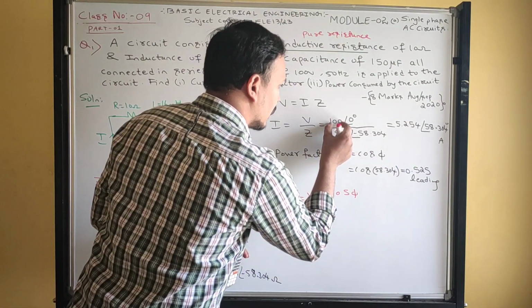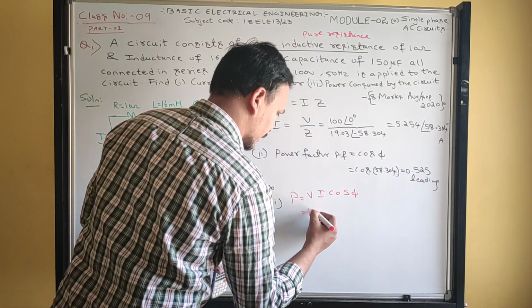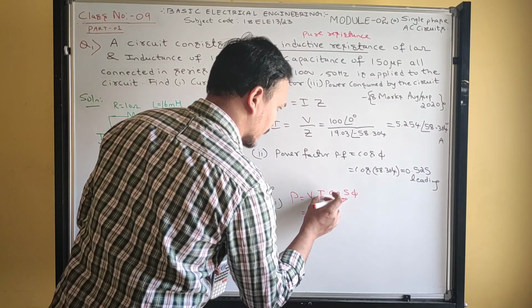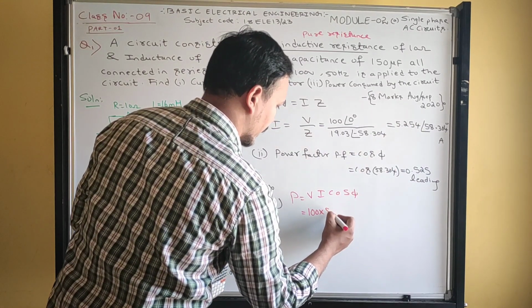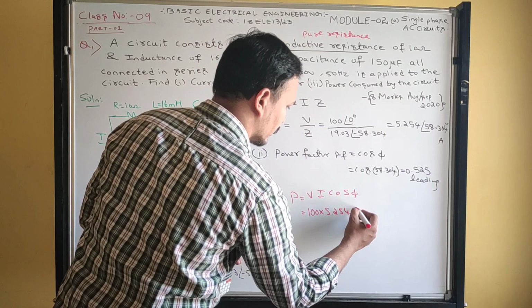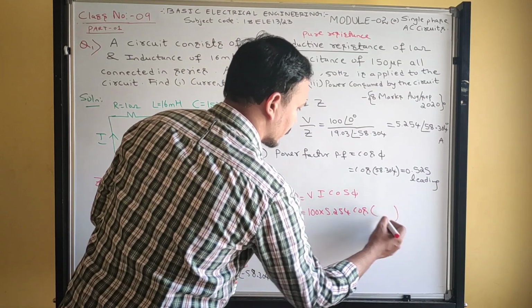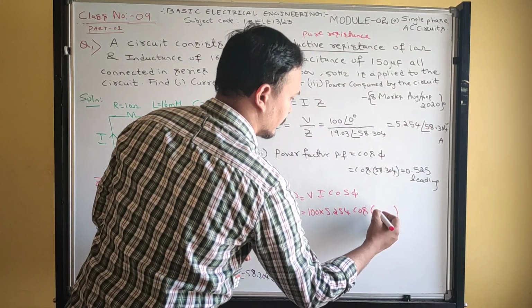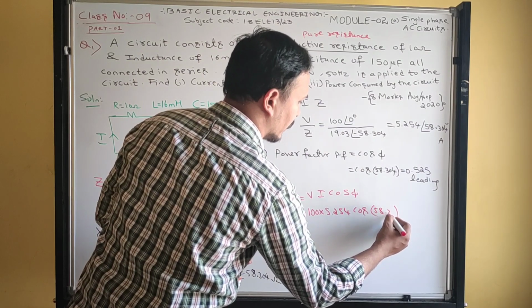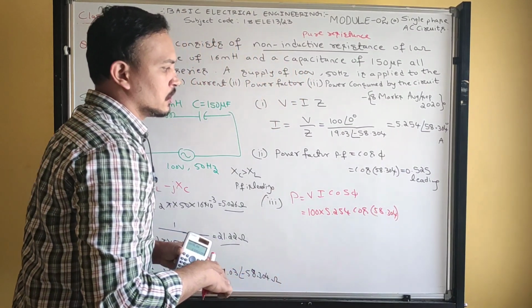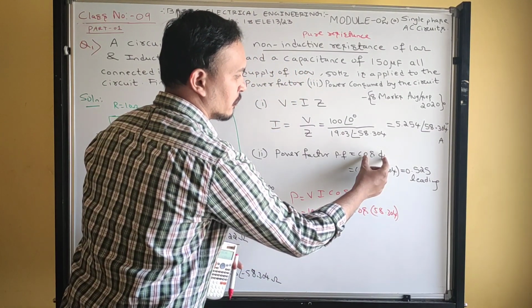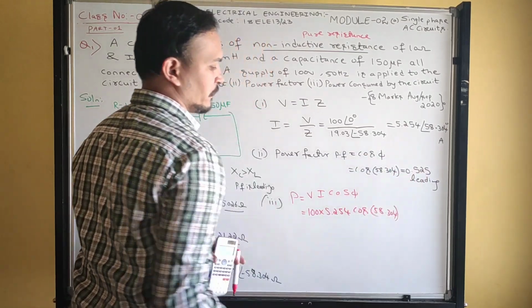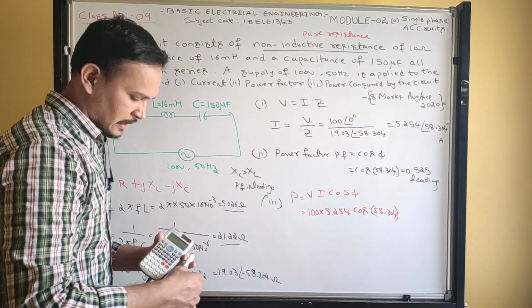Voltage RMS is 100. RMS current is 5.254, into cos phi, where phi is 58.304. Otherwise, you already calculated the cos phi value, 0.525, which you can write directly.